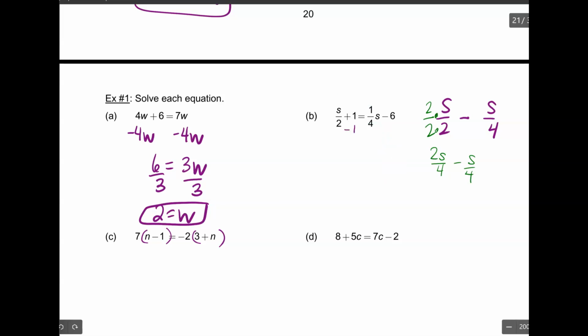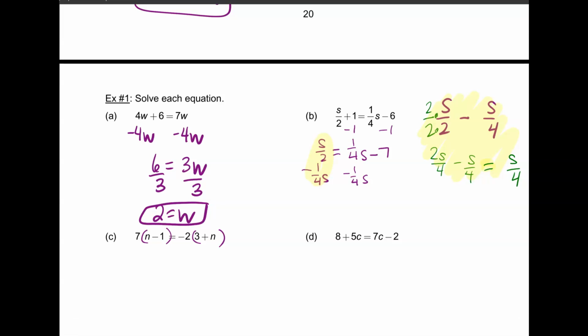So, subtract 1 from both sides. I have s over 2 equals 1/4 s minus 7, and then I subtract 1/4 s on both sides. And so this portion right here, this calculation, that's what I'm doing right here. So it's S over 2 minus 1/4 S?